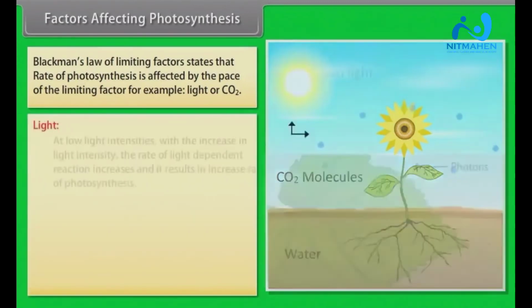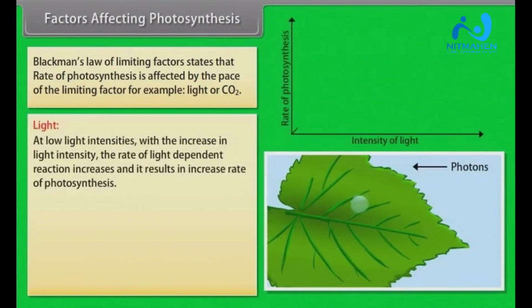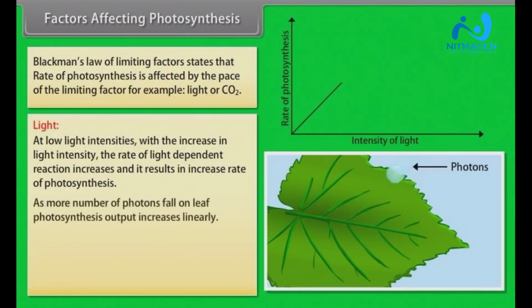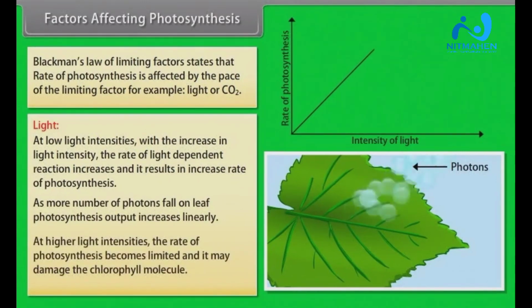At low light intensities, with the increase in light intensity, the rate of light-dependent reaction increases and it results in increased rate of photosynthesis. As more photons fall on the leaf, photosynthesis output increases linearly. At higher light intensities, the rate of photosynthesis becomes limited and it may damage the chlorophyll molecule.